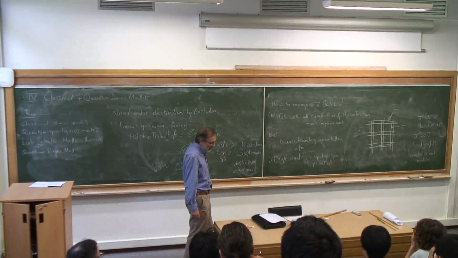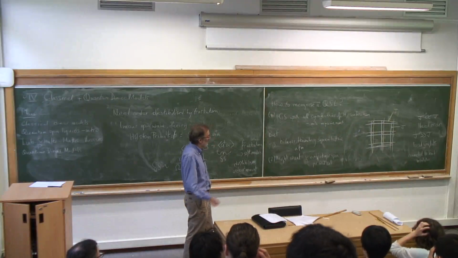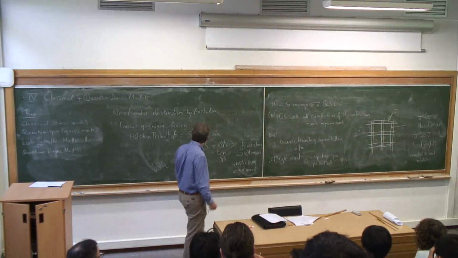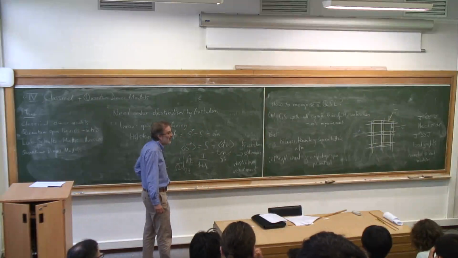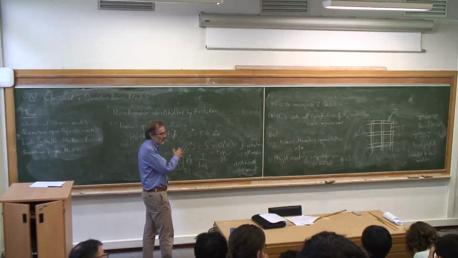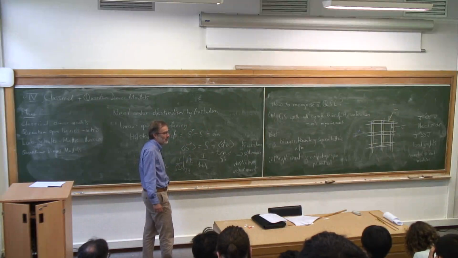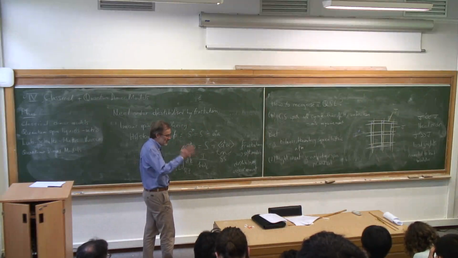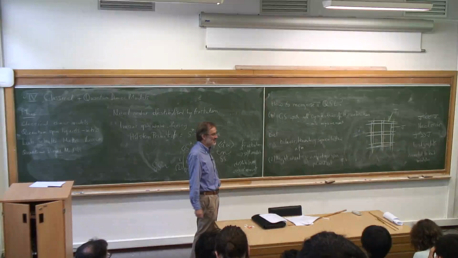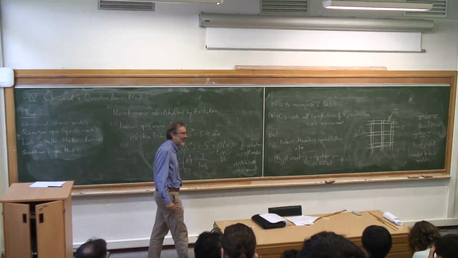So, for instance, in the exact ground state, we believe that the expectation of the spin would have Néel order. Well, we don't just believe it, it's been proved by the mathematicians, so we really believe it.